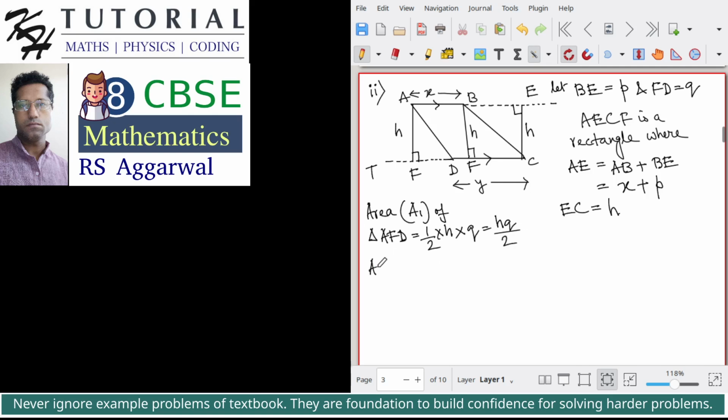Similarly, the area A2 of the triangle BCE will be equal to half.